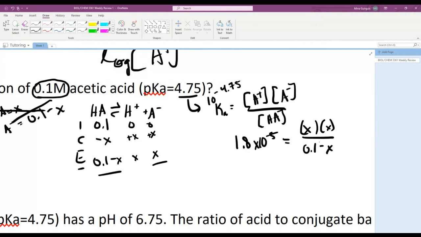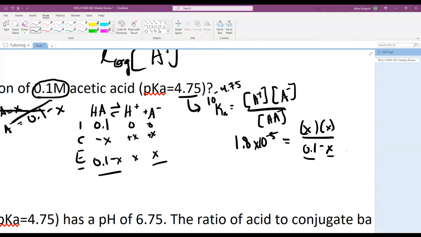The rationale behind this is that relative to this 0.1 number, x is tiny, right? If I were to ask you what's 0.1 minus 0.01, you're going to say 0.09. But if I asked you what's 0.1 minus 0.000001?